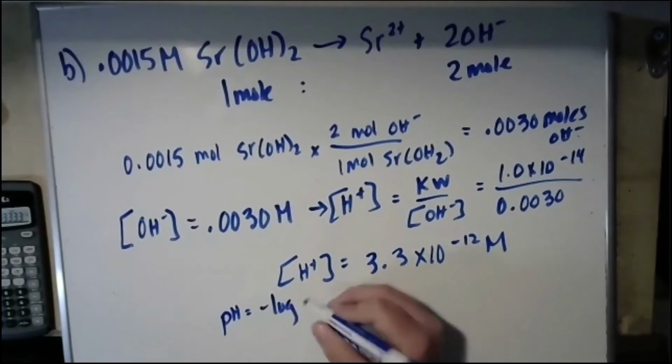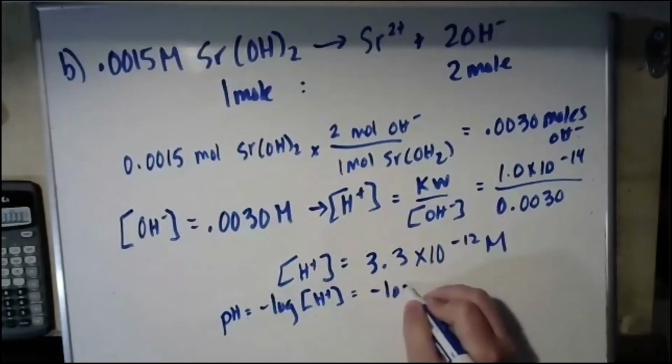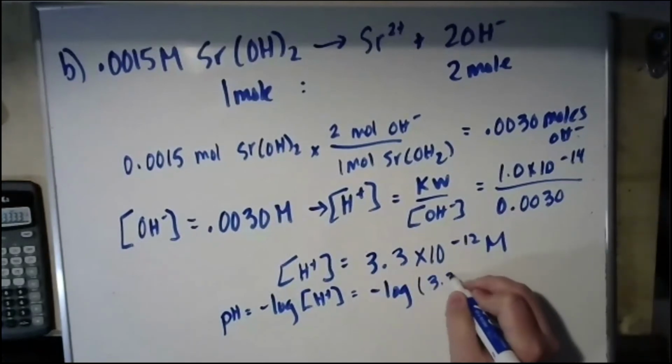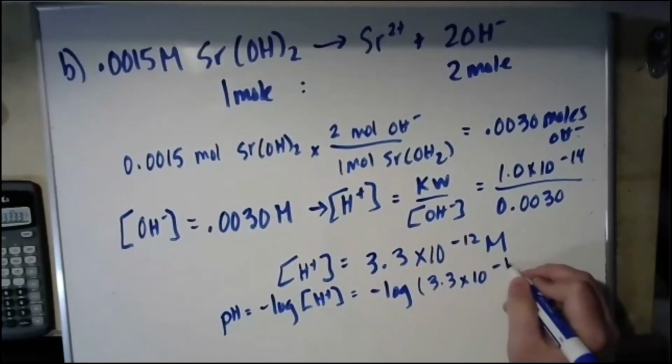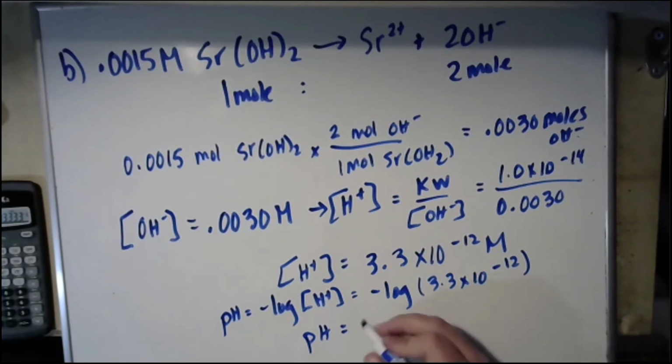That'll be the negative log of my H plus concentration, the negative log of 3.3 times 10 to the negative 12, and that's going to give me a pH of 11.48.